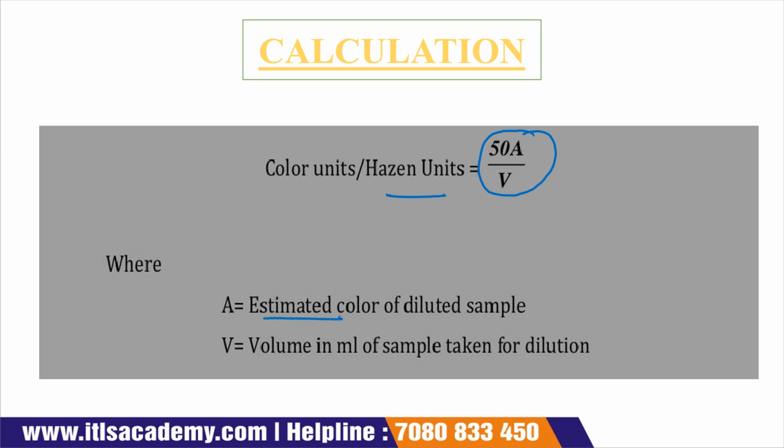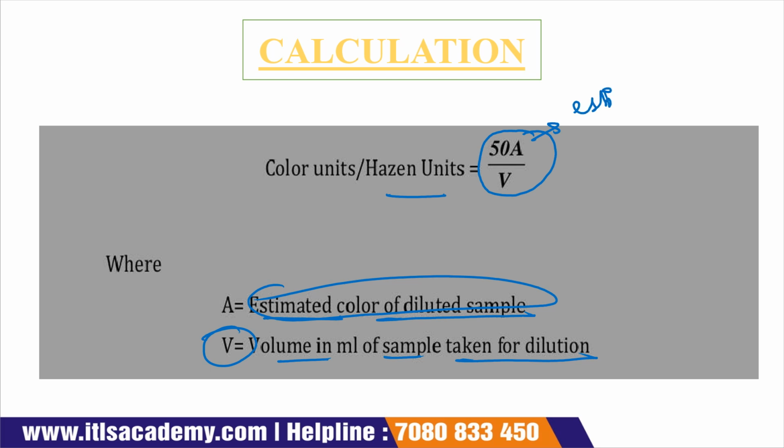A is the estimated color of the diluted sample, and V is the volume in ml of sample taken for dilution. And V is the volume in ml of the sample taken.